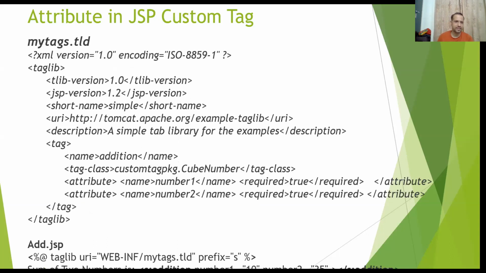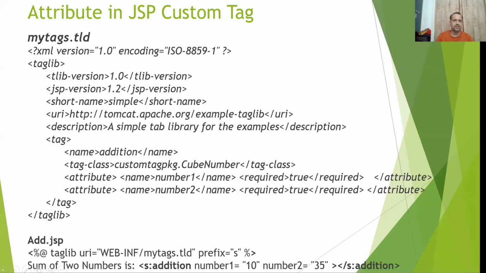Now after that, I am going to define the tag extension. Here I am going to define the attribute in the content of my tag TLD file. Now the basic contents are there.